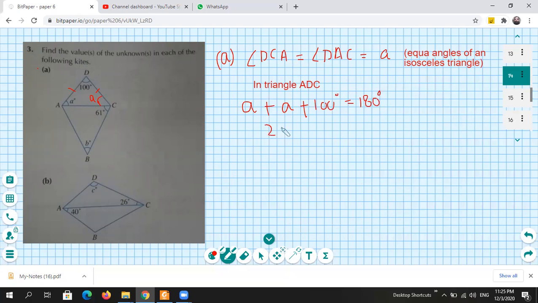So 2A, A plus A, 2A, 100 will go there, and it will be subtracted from 180. So A will be equal to, this is 80, and this 2 will divide this 80. So A is equal to 40 degrees.